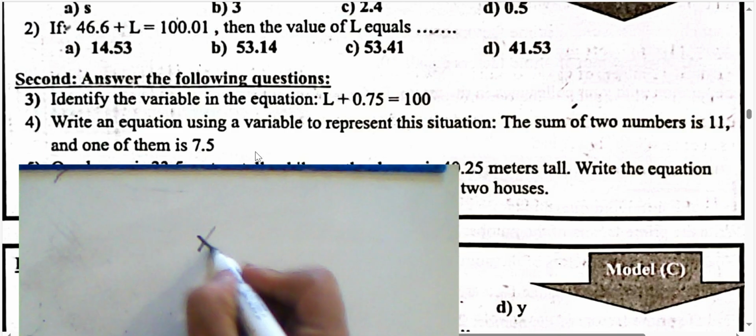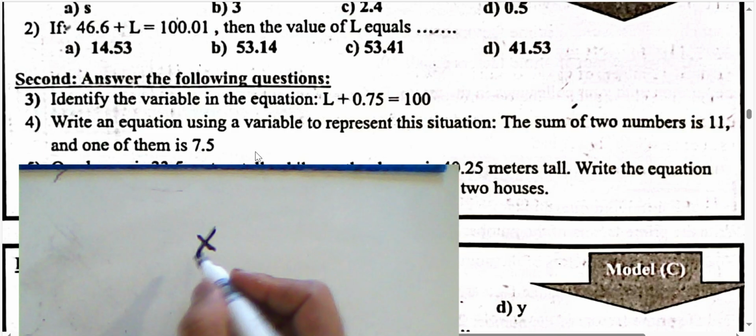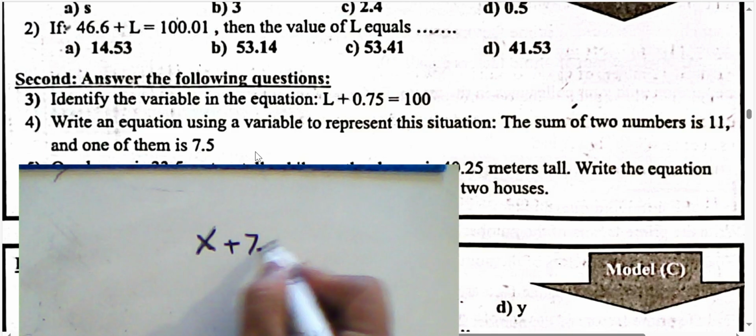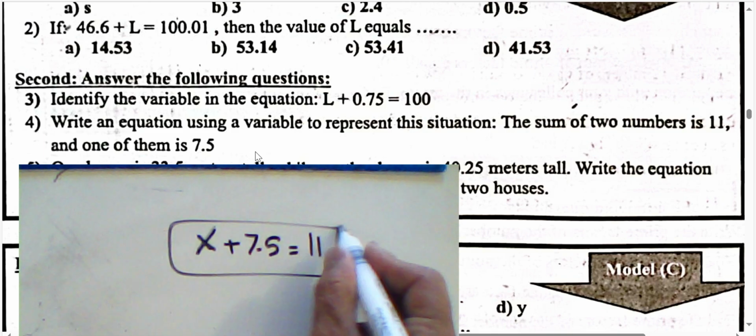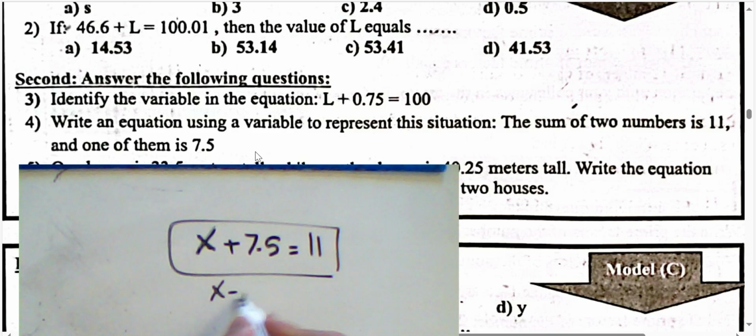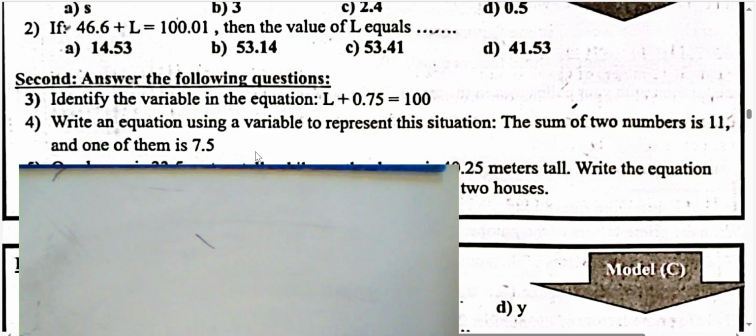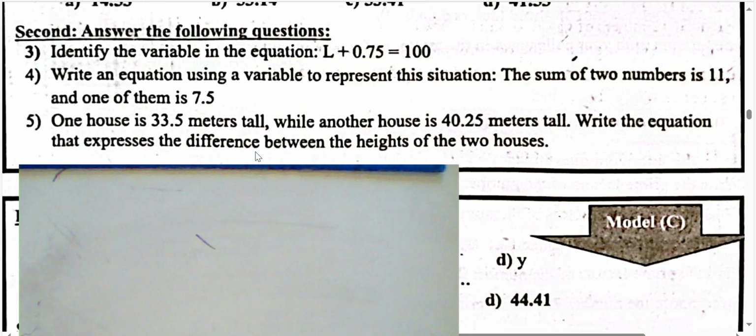Then we can write x, the first number, plus 7.5, equivalent to 11. And then we can find the number x equal 11 subtract 7.5. If we put a half here, it will be 8. 8 plus 3 equal 11. Then we can write 3.5 in the equation.